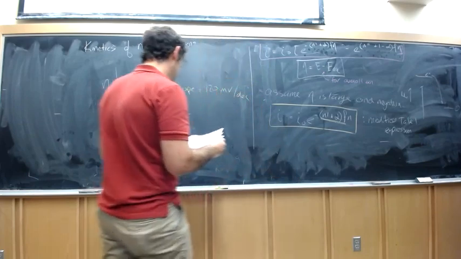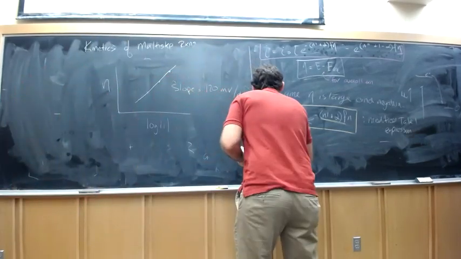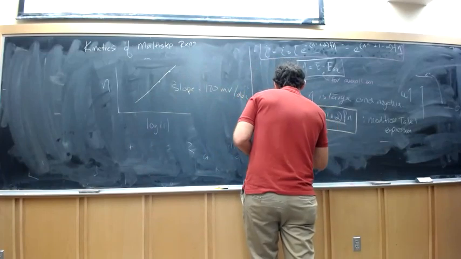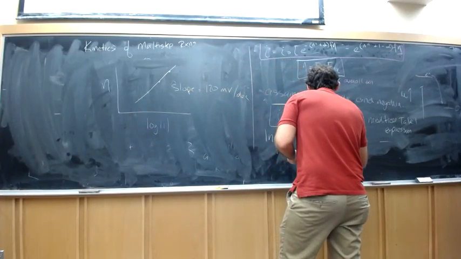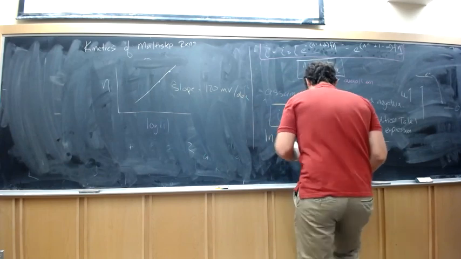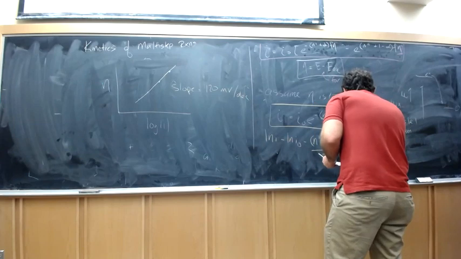So let's do that. We can rewrite the Tafel expression: ln I equals ln I naught minus n prime plus alpha f over RT eta.